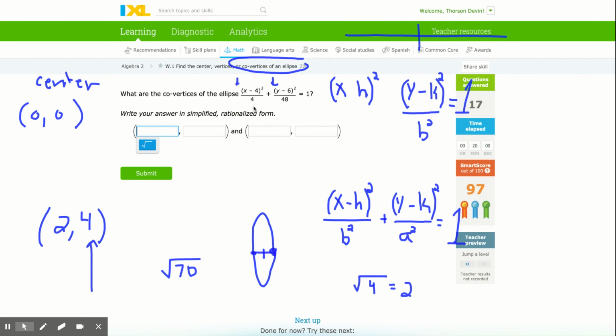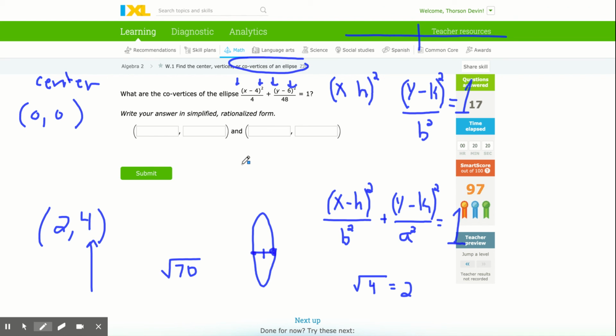What are the co-vertices? Okay, that will be nice. Co-vertices, 4 is smaller than 48, so we're going to square root 4. That's 2, and it's below the x, so we're going to add and subtract 2 from the center. What's the center? Again, I'm looking right here to find the center.